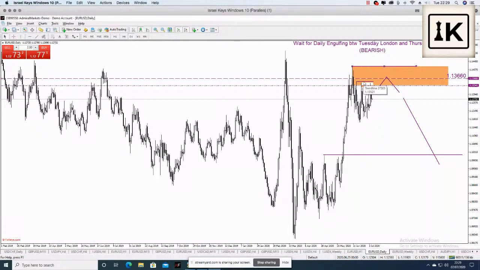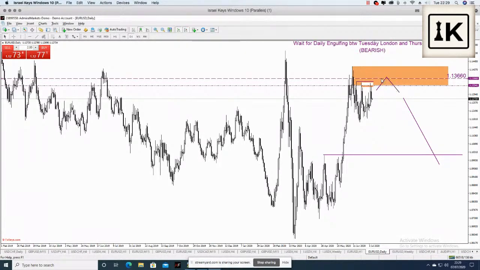So liquidity profile 1, this high here. Liquidity profile 2, this marked order block there. Liquidity profile 3, these pivot levels. 1, 2, 3, 4. That tells me that that level there is likely to be significant.